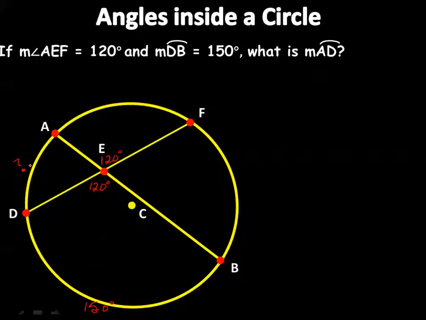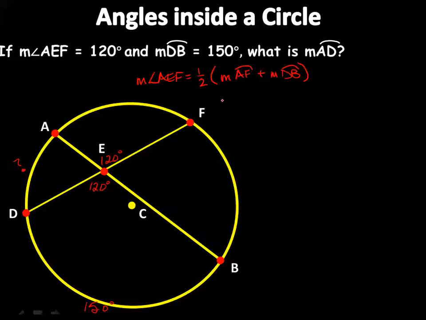So you're like, wow, we've got to go the long way around to find this one. Measure of angle AEF is going to equal half the sum of the intercepted arcs. So we're going to have the measure of arc AF plus the measure of arc DB.